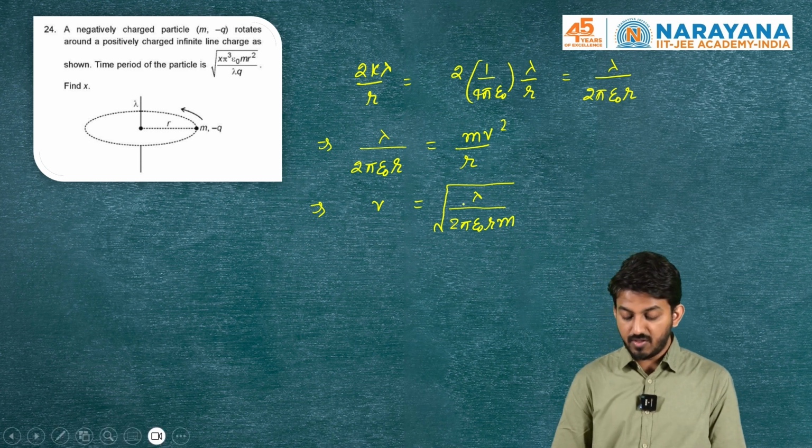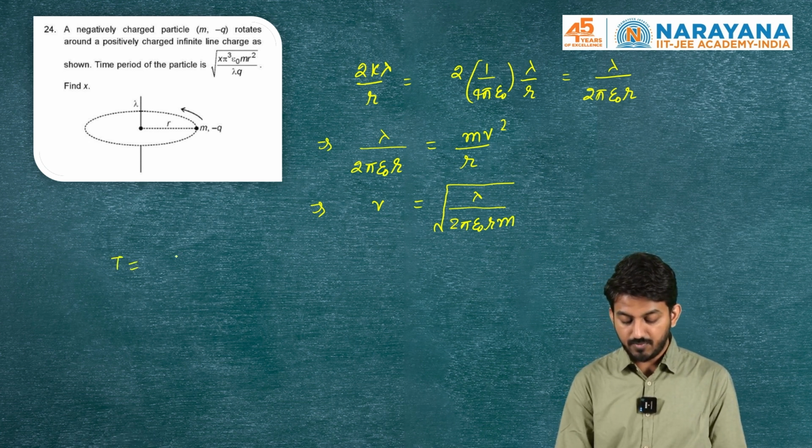Now time period, if they're asking, so time period is going to be 2 pi r divided by speed.